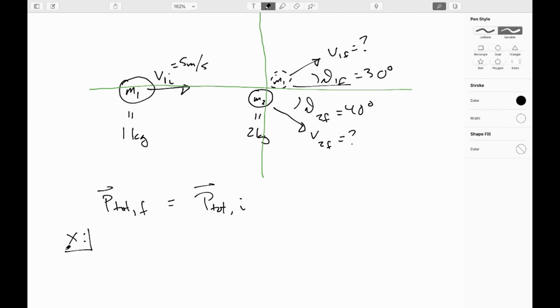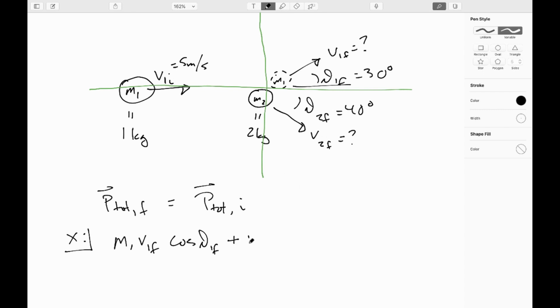So in the land of x, what pieces do we have? Well, we have piece number 1 flying off. Its total momentum would be m1 v1 final, but we only want the x component of it, so that'll be cosine theta 1 final. Similarly, we also have, finally, piece 2 flying off.